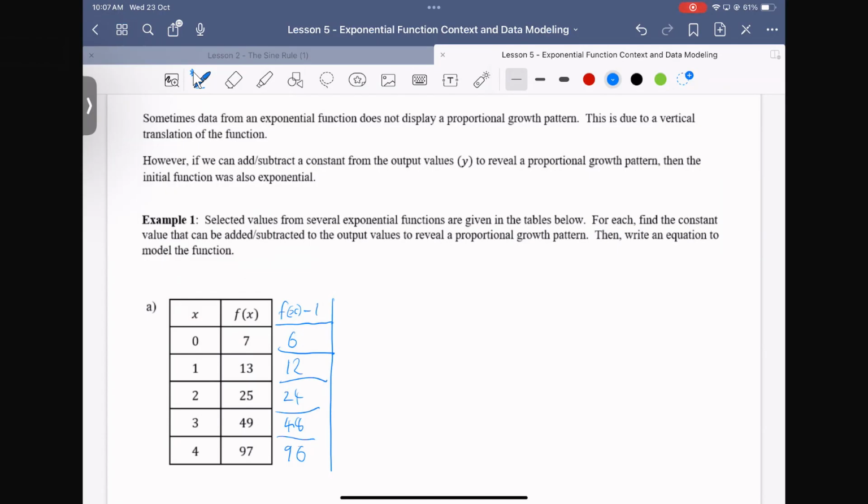Now if I look at the proportionality, it's 2, 2, 2, 2. So each time we go up, we're multiplying by 2. That means the function is going to be f of x equals 6 times 2 to the power of x, plus 1.